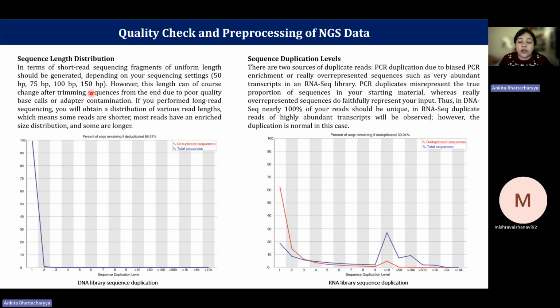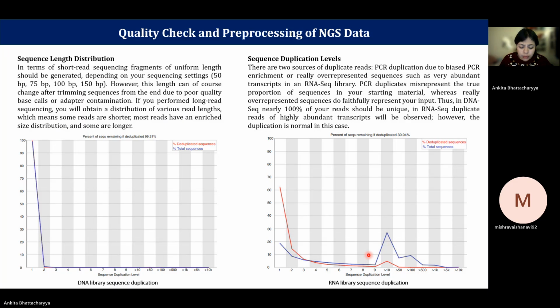And sequence duplication, you can see there are two sources of duplicated reads. One, because of biased PCR enrichment, because of the PCR reaction proceeding inefficiently or in a biased manner, or very overrepresented sequences, such as very abundant transcripts in an RNA-seq library. So you can see there is a percentage of sequences which are showing high duplication.